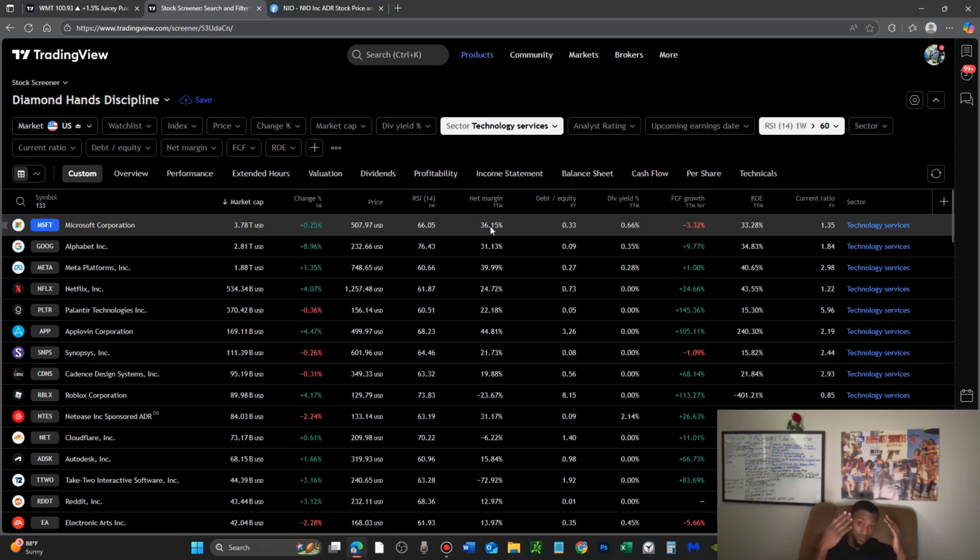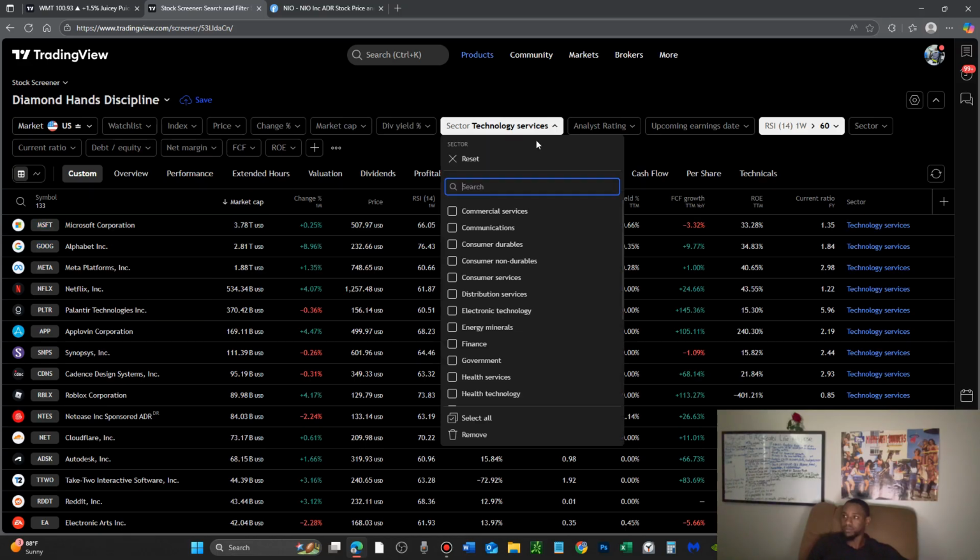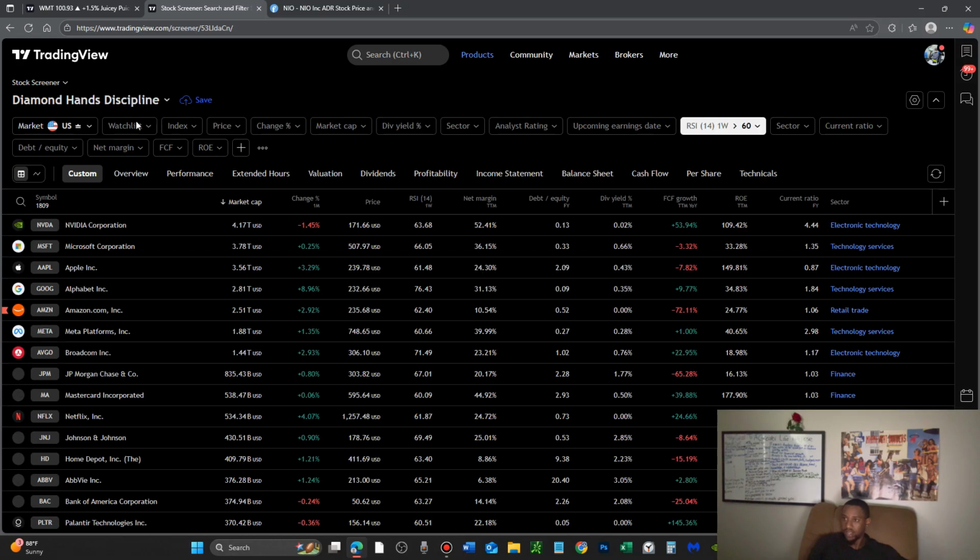The retail company is still solid just because their net margin is 10%. Microsoft is good at 36%. But you can't compare an orange to an apple. You're comparing a retail company to a technology company. They're going to have different numbers. But this is the gist of the stock screener.